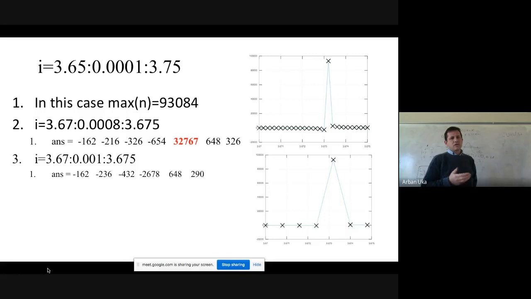Now we should also remind ourselves that we could even have round-off errors, because we are using very small steps in the way that we define the x0.